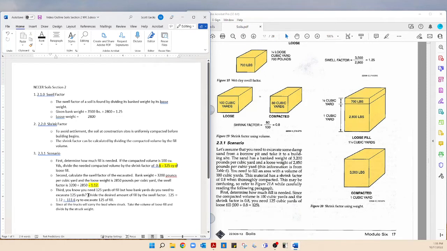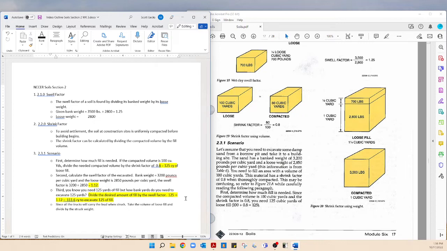Here is the next little formula. To determine how many bank yards you will need, divide the desired amount of fill by the swell factor.